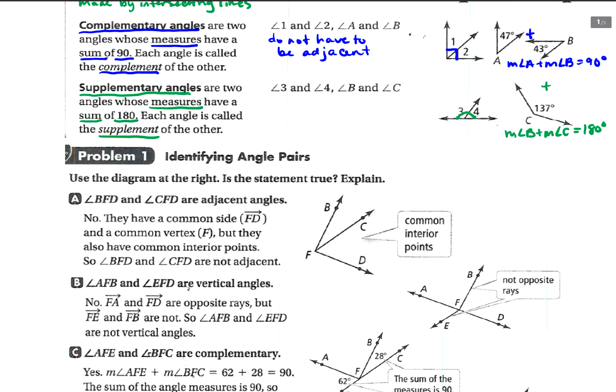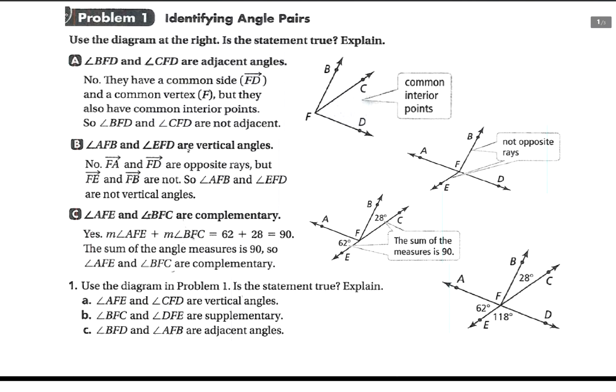Let's look at an example. We are asked to use the diagram. Is the statement true? So we are asked, angle BFD and angle CFD are adjacent. Well, the first thing we're going to do is go over here to our diagram and identify angle BFD. All right, and then we are going to identify angle CFD.